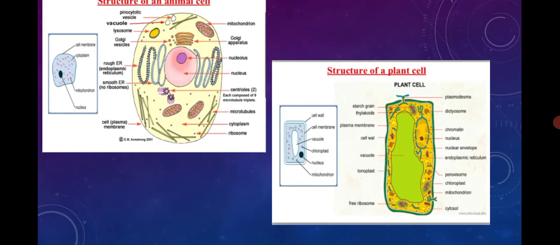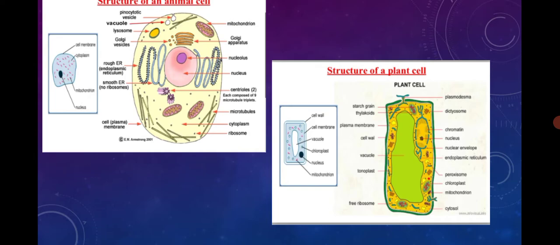In the animal cell, the cell wall is absent and the plasma membrane is present, but in the plant cell the cell wall is present and the plasma membrane is also present. The animal cell contains a centrosome, but the plant cell does not. In the animal cell, plastid is absent, but in the plant cell plastid is present.